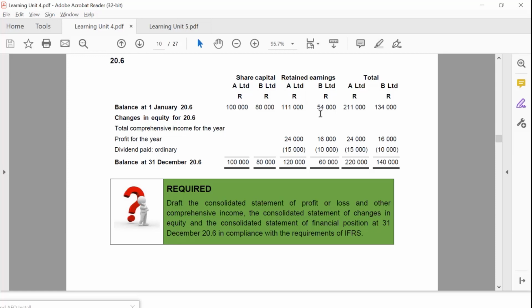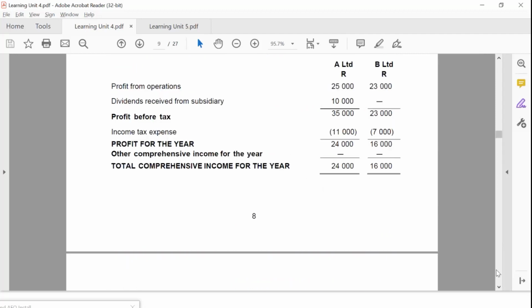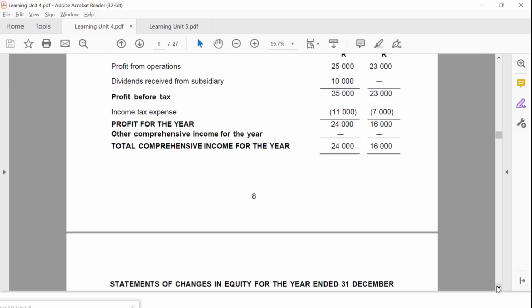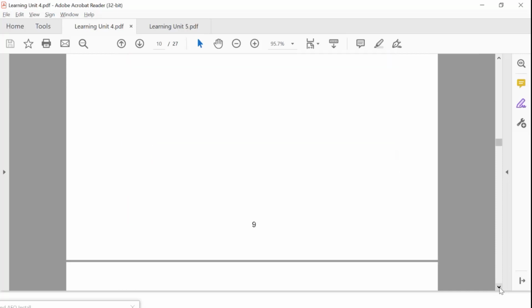Then there was a pro forma adjustment of minus 26,000. So let's do the math and see. 111,000 plus 54,000 minus 26,000. What do you get? You get 139,000. Is that what we got?